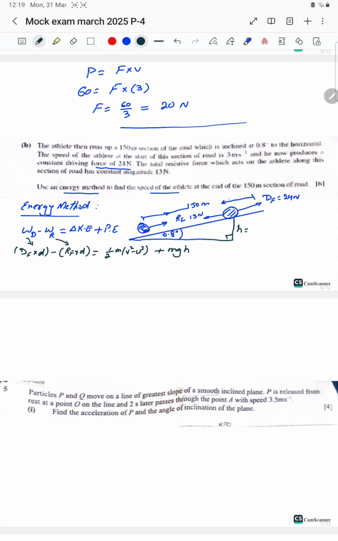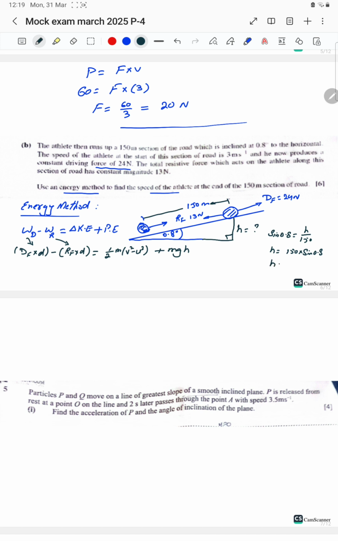So the total distance is 150 meter. From here till here it moves 150 meter, and for theta we can use sine theta, which is equal to opposite upon hypotenuse. So h will be 150 times sine 0.8.